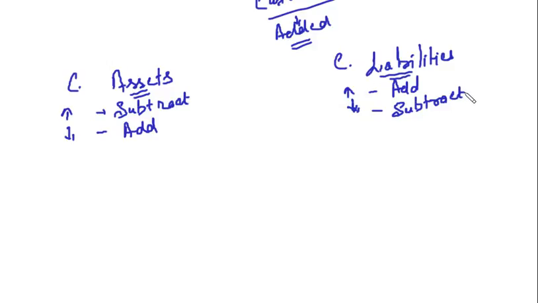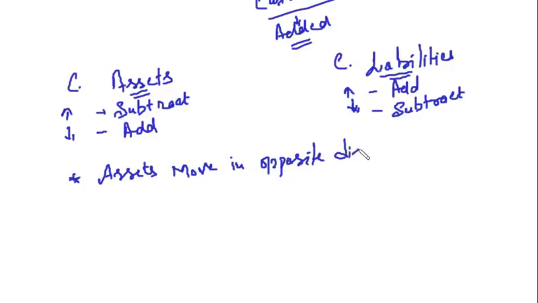So the assets move in the opposite direction and liabilities move in the same direction. Without thinking, if there is an increase in current asset, just subtract.